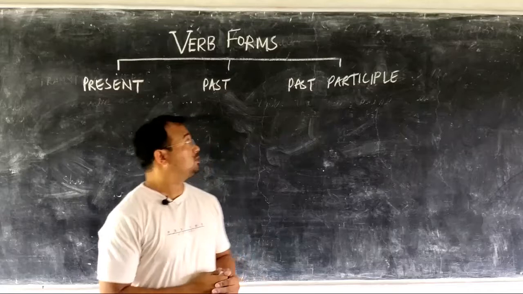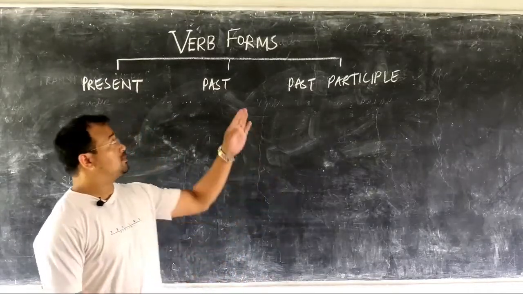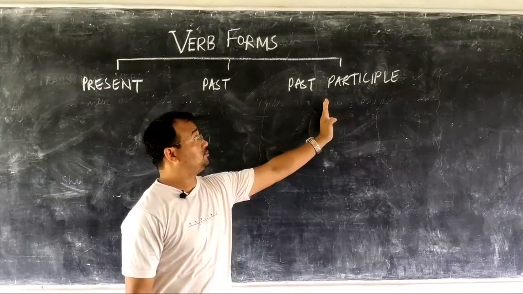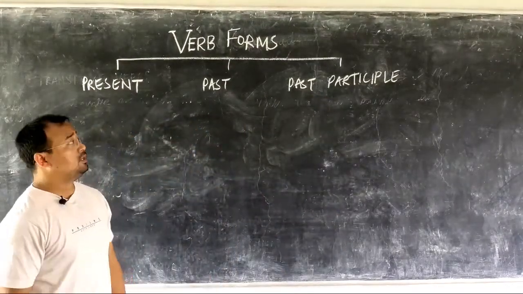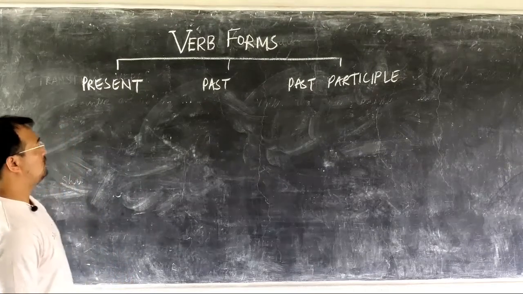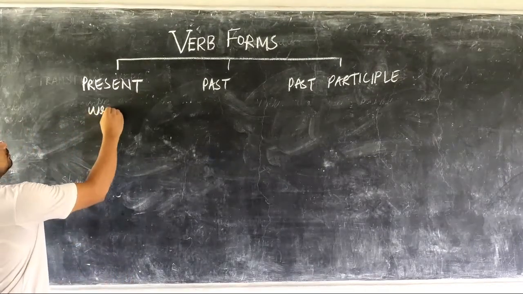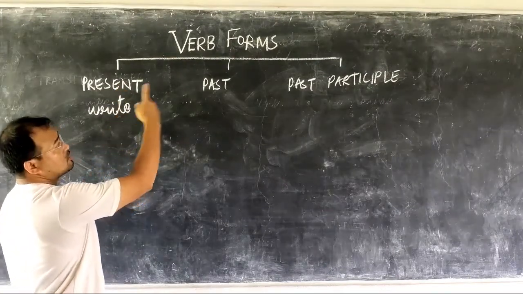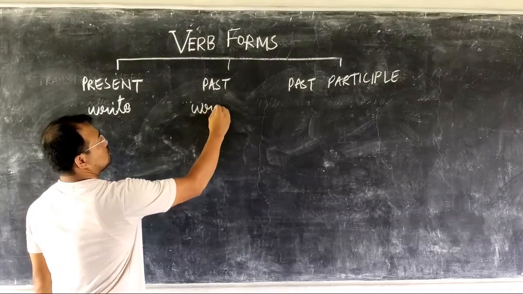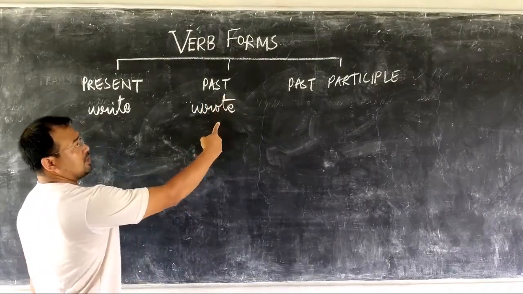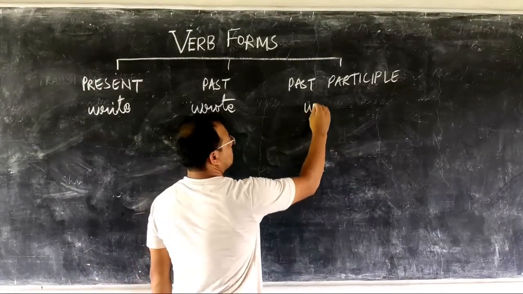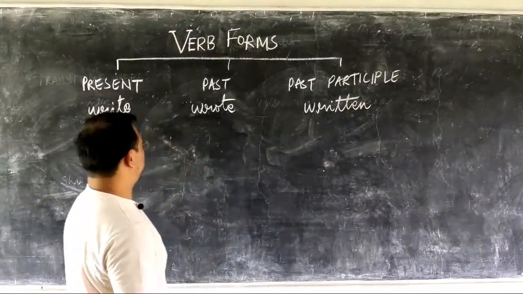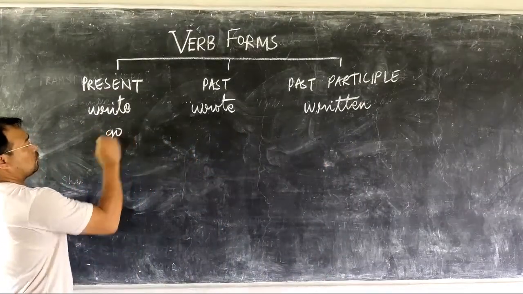Now verb forms. Verb forms are categorized into present, past and past participle forms. For example, take the verb write. Write is the present form, but in the past form, write becomes wrote, and in the past participle form it becomes written. Another word, go.